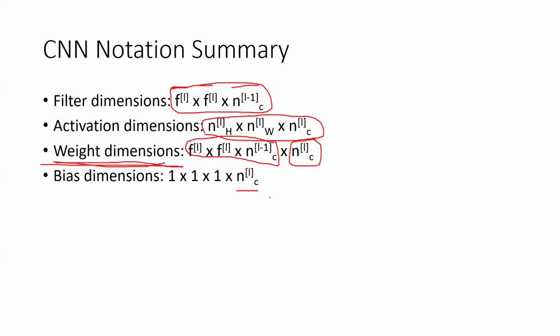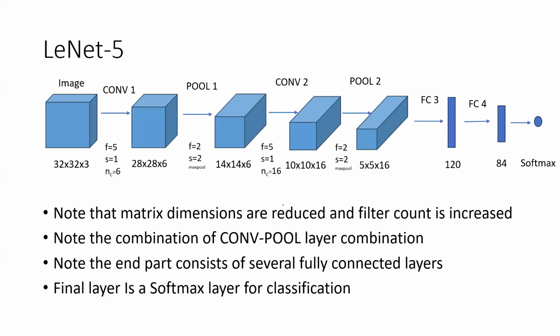When you multiply this weight tensor with the x value or the previous activation, and then add the bias, you should use a tensor like this to add the value. When you do the example, you will understand how to do it.